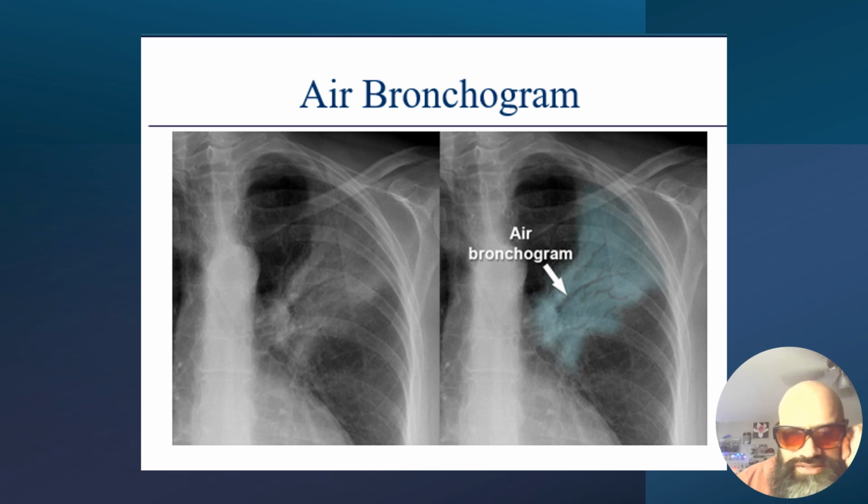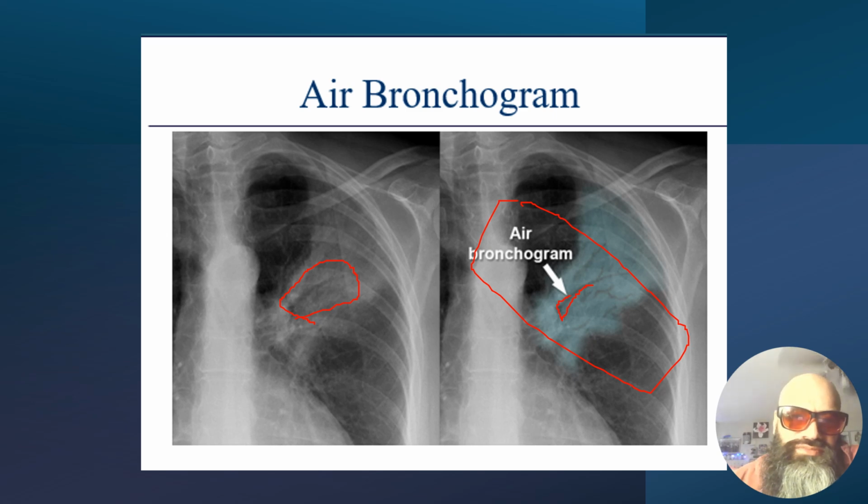Okay, so this dark line that you see here represents air, and the surrounding alveolar structures and branches of the bronchi are filled with a fluid density. As a result, you start seeing what's left of air density within this lung region, and it's known as an air bronchogram sign. So when you start seeing this, here it is, which is not labeled here, but here also where it is labeled. So get familiar with this air bronchogram sign.